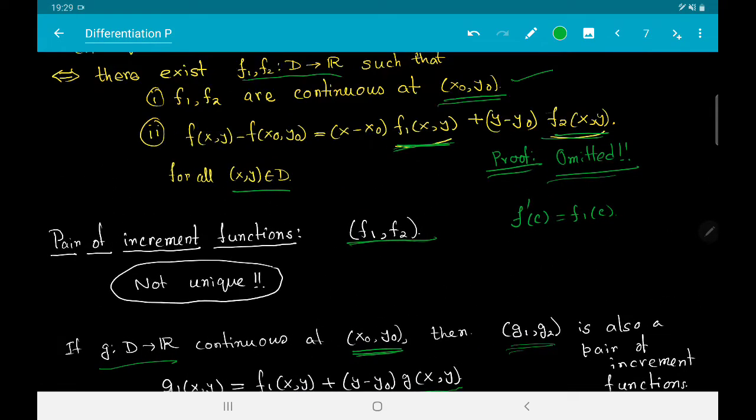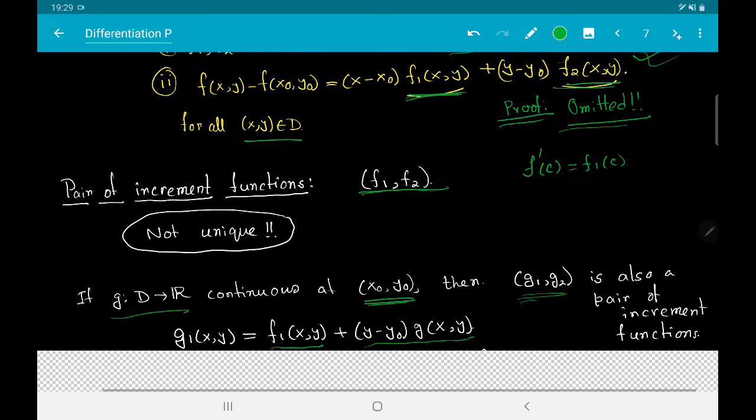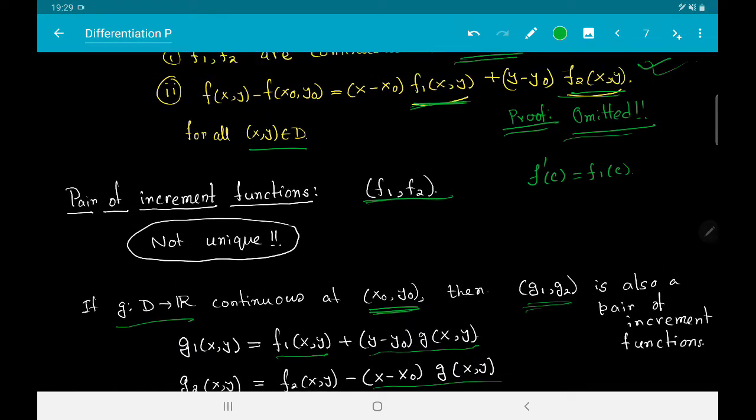If you put this information in the equality that we have just observed, you will see that it works out well, and in particular there will be some cancellations of terms, but f of x, y minus f of x0, y0 will be exactly equal to x minus x0 times g1 of x, y plus y minus y0 times g2 of x, y.